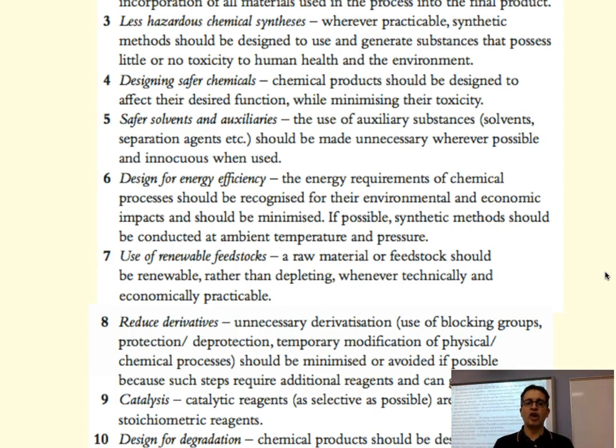There are different ways you can have the same functionality without necessarily having chlorine, without having something that will break down and attack your DNA, etc. Again, some of these come together. Use safer solvents, use safer auxiliaries, substances that you can add in order to allow for a reaction to take place in one way. That's definitely something that we can do.